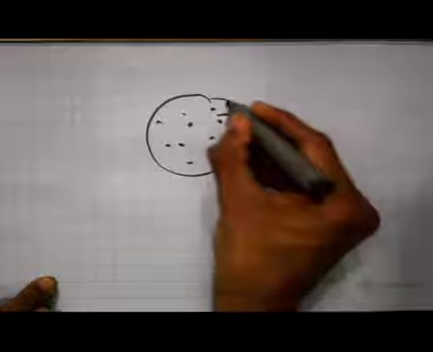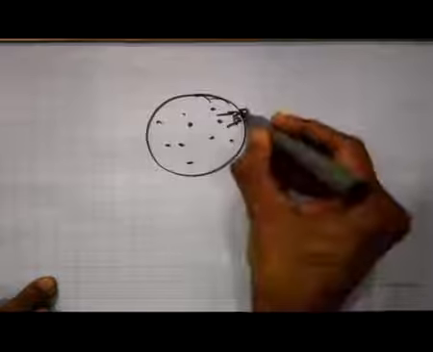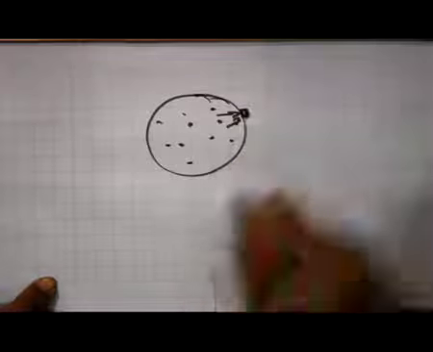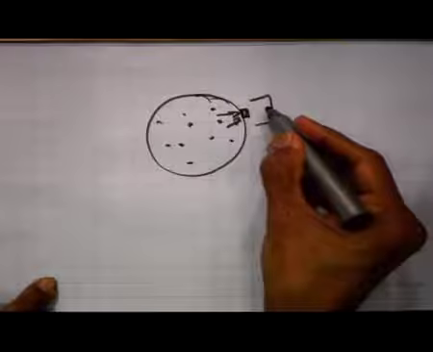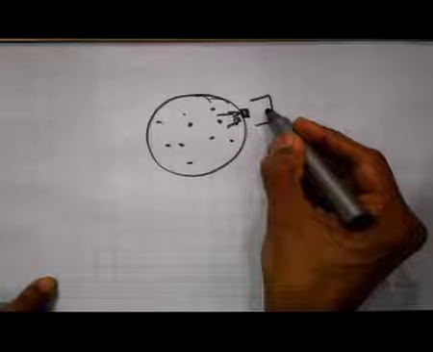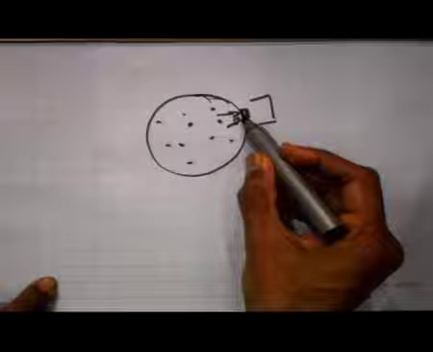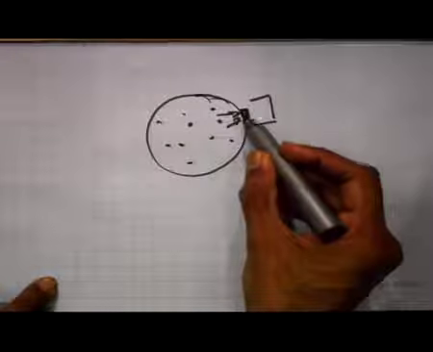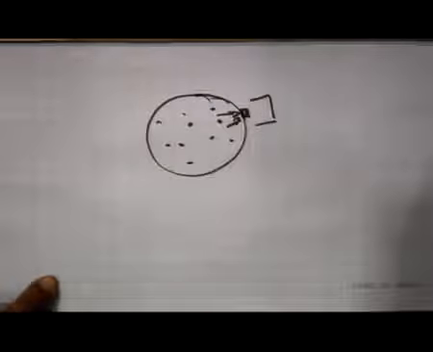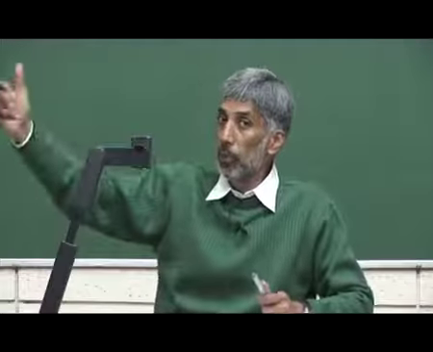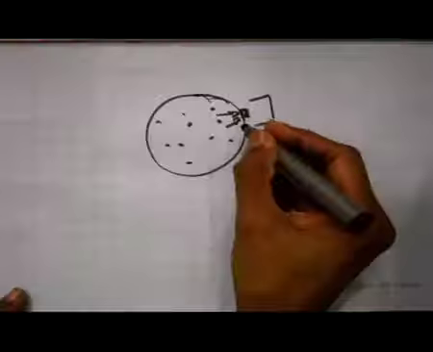You take a spherical thing and you make a small opening here and you collect the gas here. The amount of gas that you get out here will be proportional to the number of collisions that the molecules have with this area, right. Because you have this sphere, you have a small hole at the wall, and the number of molecules that you collect at the other side will be proportional to the velocity.